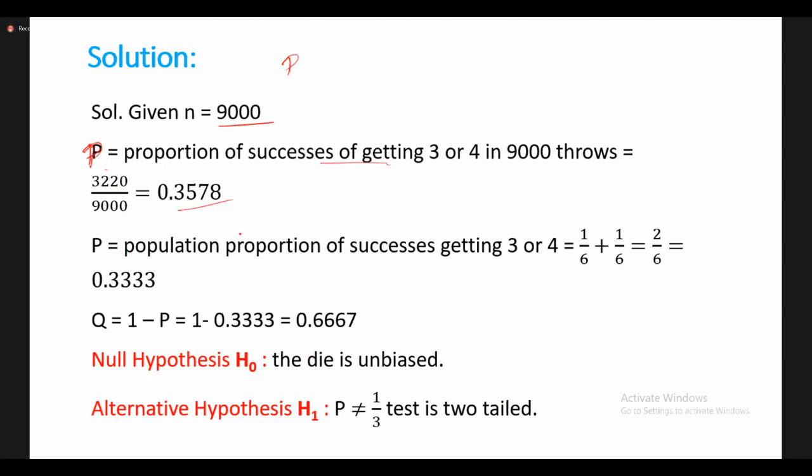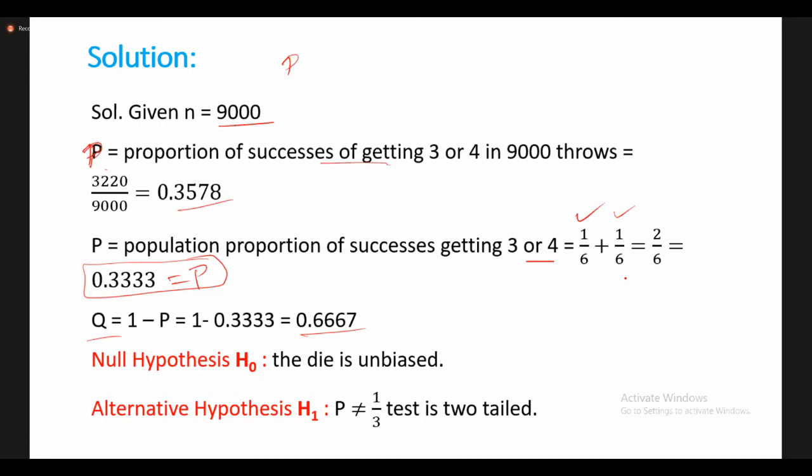And population proportion is getting success, either 3 or 4. Probability of getting 3 is 1 by 6, probability of getting 4 is 1 by 6. That is 2 by 6. This is capital P, population proportion. Capital Q is this one.